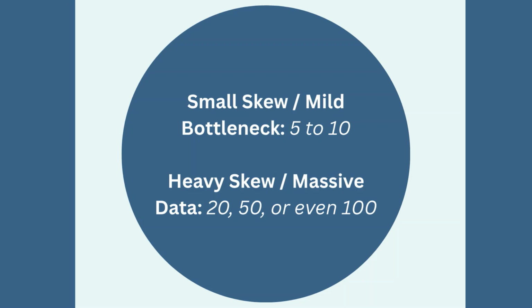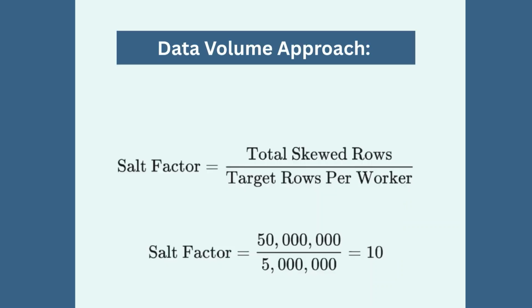If the number picked for salt factor is too small, the skewed workload may still be concentrated in only a few tasks, limiting the benefit. Whereas if it is too large, you will create a different problem, which I call the small file problem. So to decide salt factor, we can use these practical approaches.